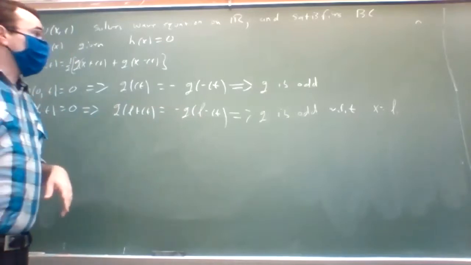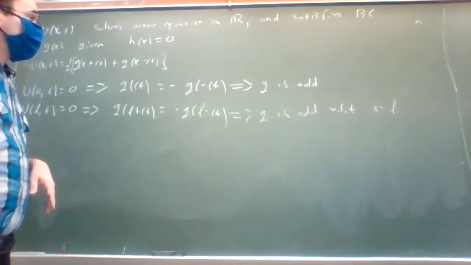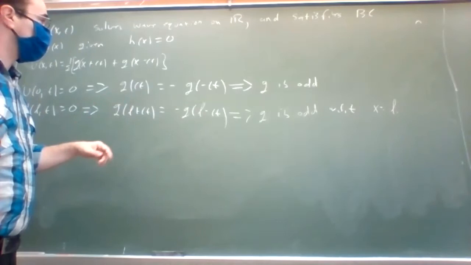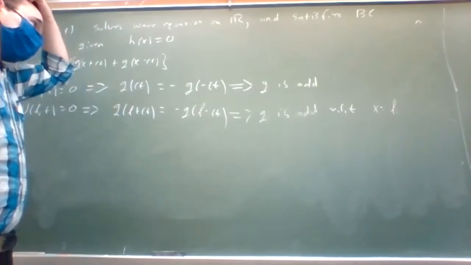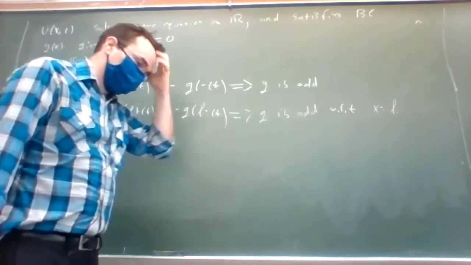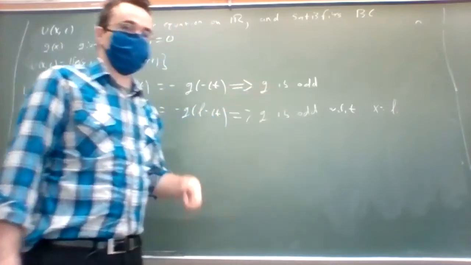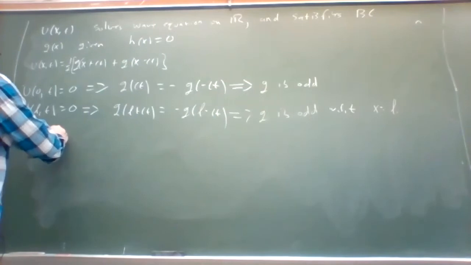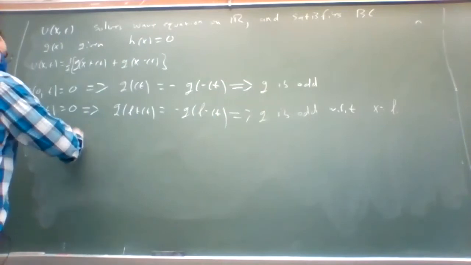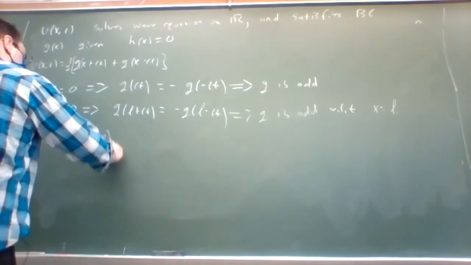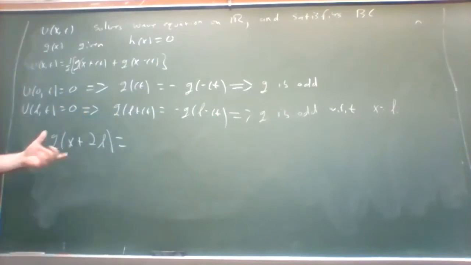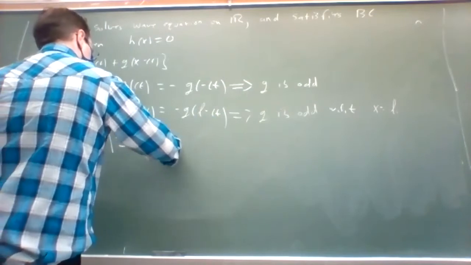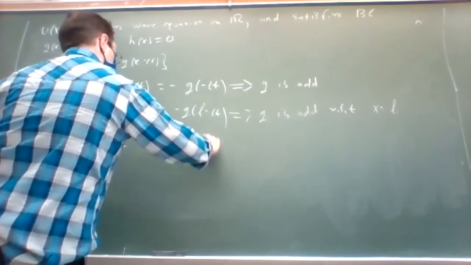And you can argue geometrically or argue algebraically, it doesn't matter. These two things combine to tell you that g is an odd function and it's periodic with period equal to 2L. You can check that really quickly, because if you take g(x + 2L), you just play with the algebra.